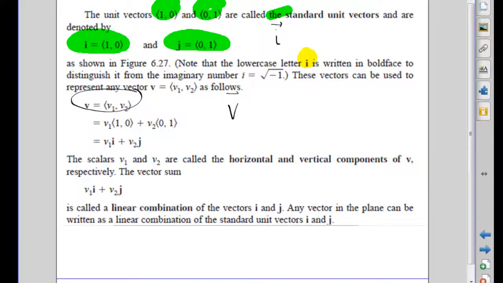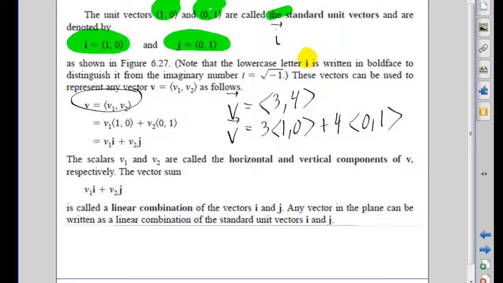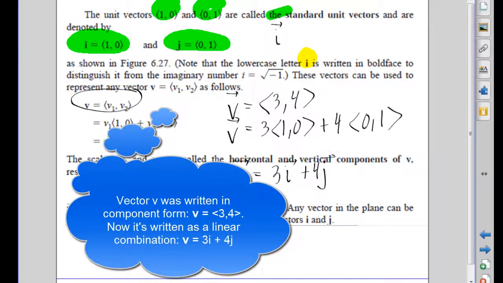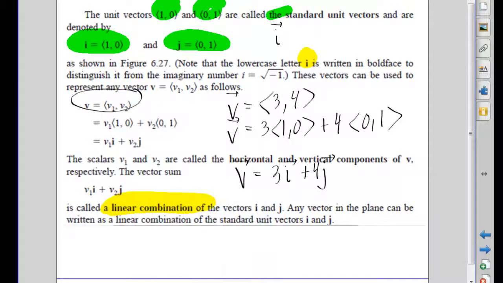So let's say we've got vector v as being 3, 4. Its components can be rewritten as 3 times how far horizontally we're going, plus 4 times how far vertically we're going. So I just swapped in i and j, and I can rewrite vector v as being 3i plus 4j. When it's written in terms of i and j, this is called a linear combination of the vectors. And again, they're assumed to be in standard position.